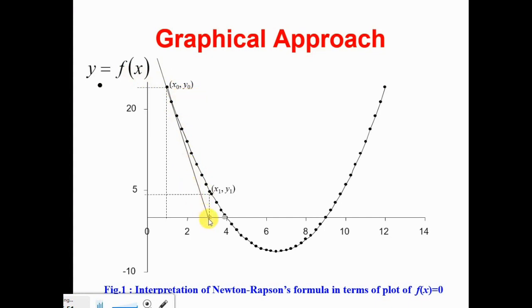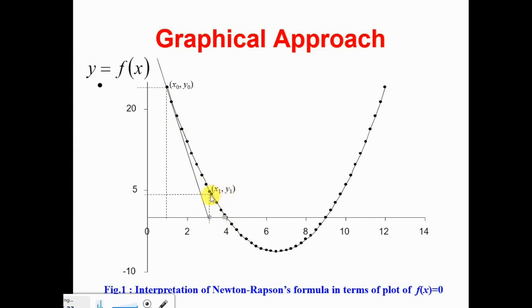We have intercepted with a point x1, and corresponding to that we have found the point y1 from the polynomial. So in a sense we have jumped from x0, y0 to x1, y1, so that we are closer to the root of the equation. Now in the second attempt what we shall do, we shall find tangent at x1, y1.